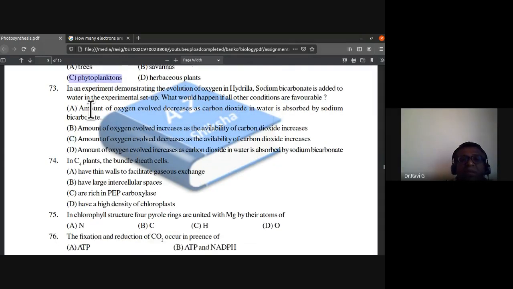73rd. In an experiment demonstrating the evolution of oxygen in Hydrilla, sodium bicarbonate is added to water in the experimental setup. What would happen if all other conditions are favorable?